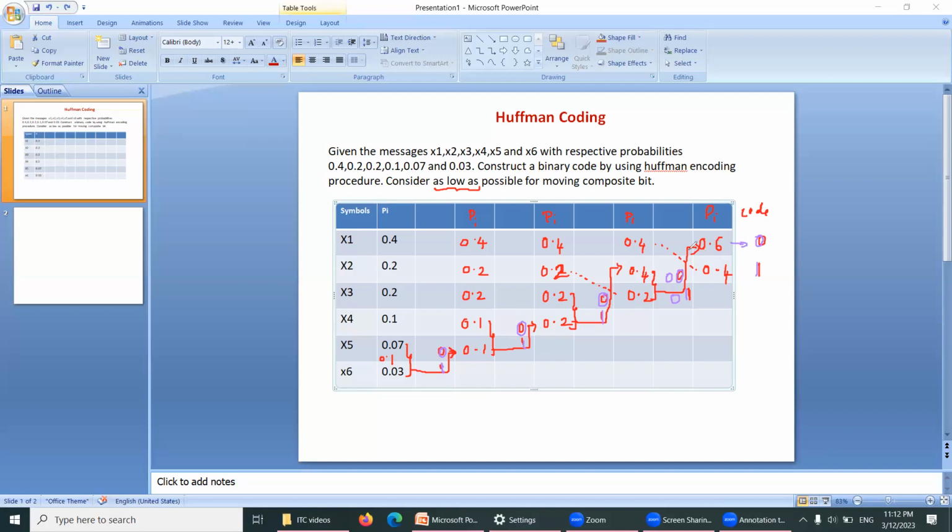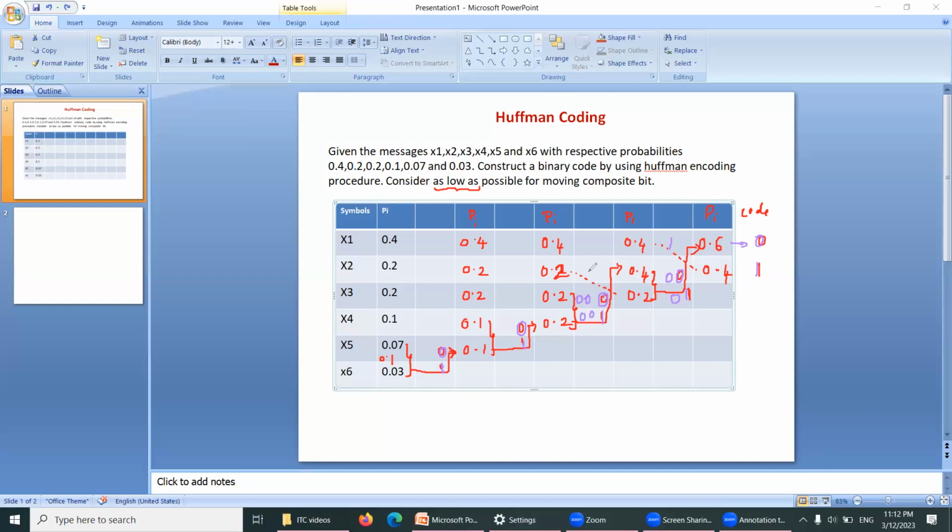What is the code for 0.4? It is 1, so that 1 I write here. Similarly, I combine 0.2 and 0.2 to give 0.4. The code for this 0.4 is 0, 0, so I write 0, 0 here.